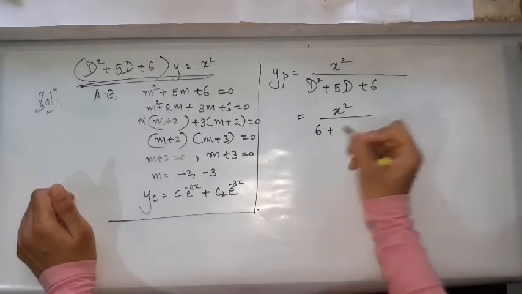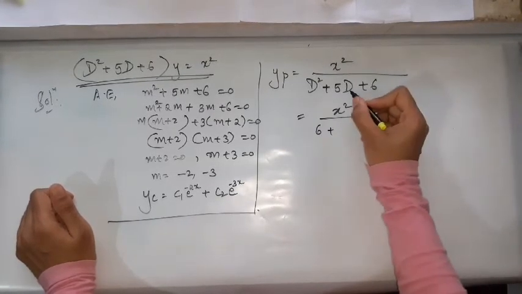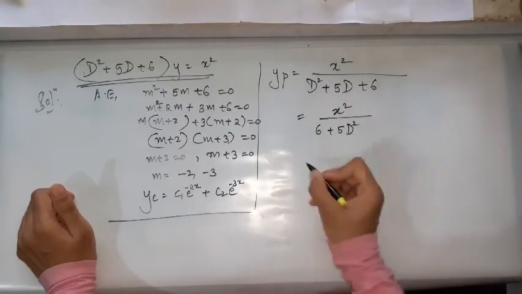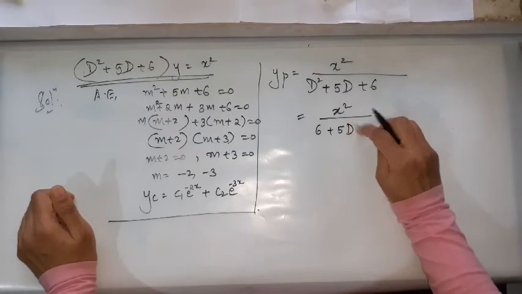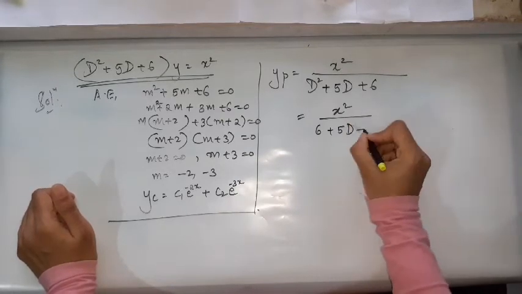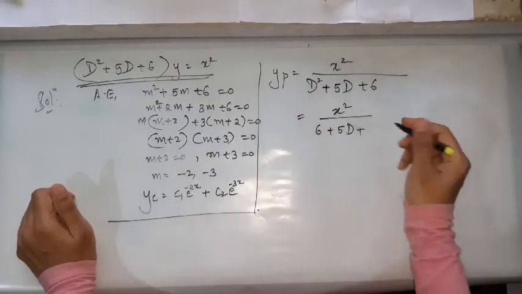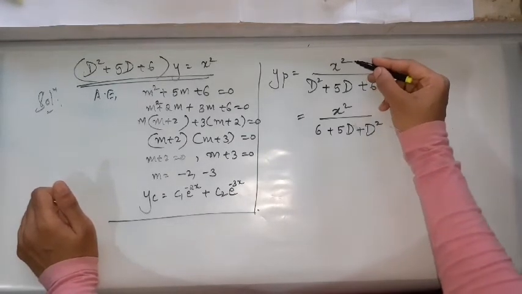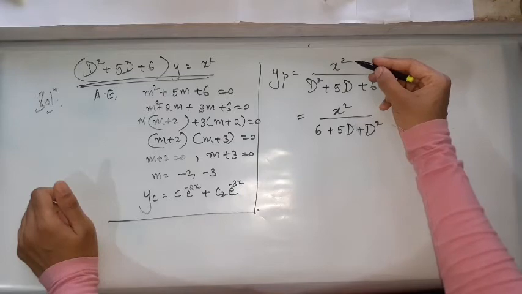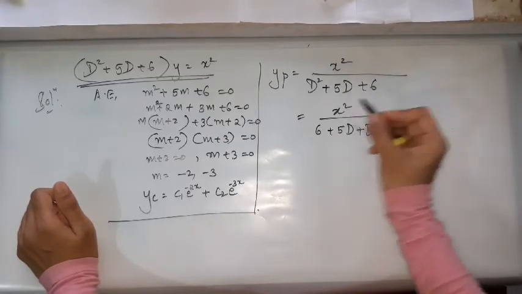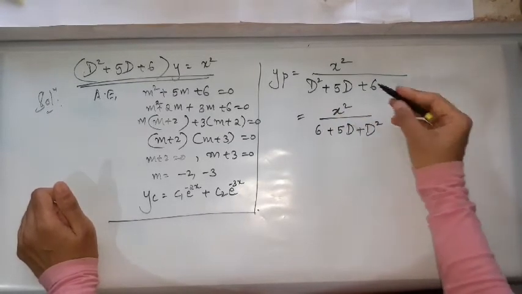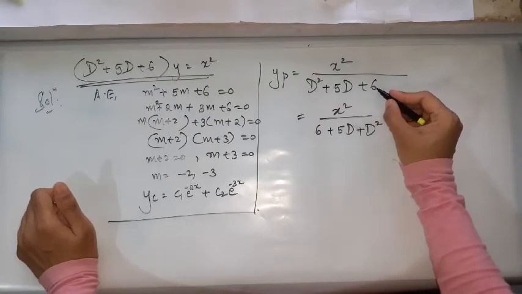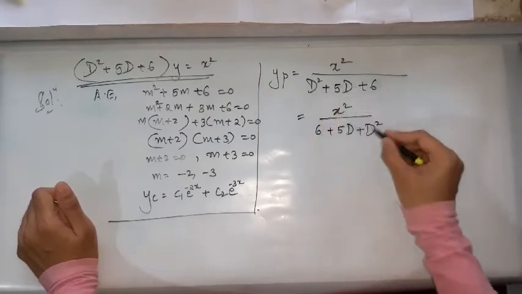Next, the term having one single D, that is 5D. Finally, we have last D square, so write it as D square here. So it starts with 6 plus 5D plus D square.